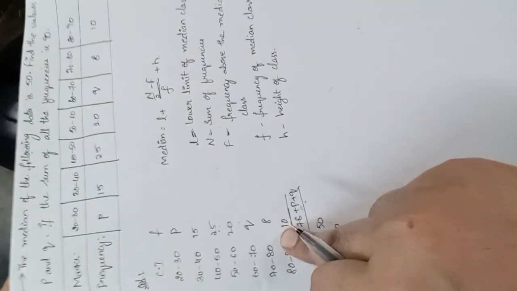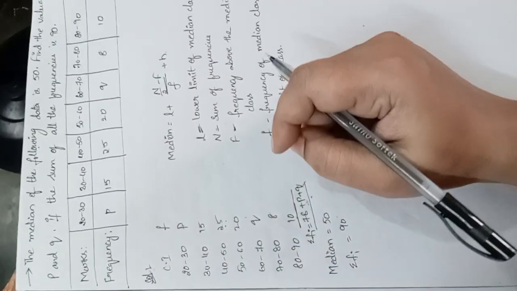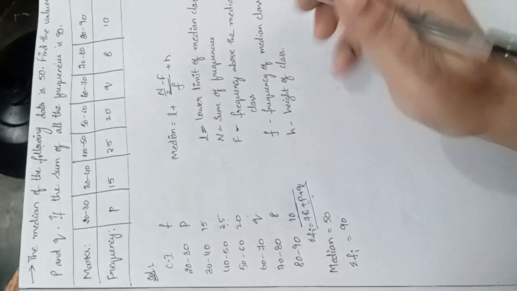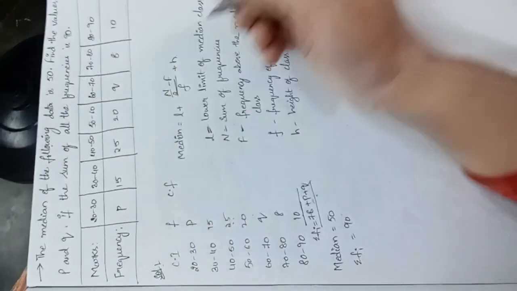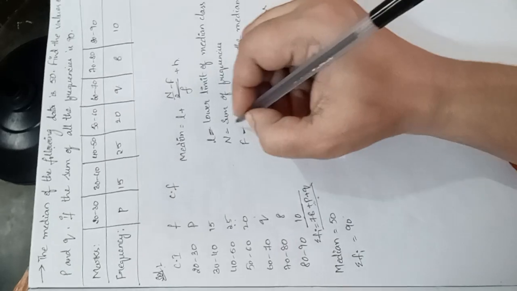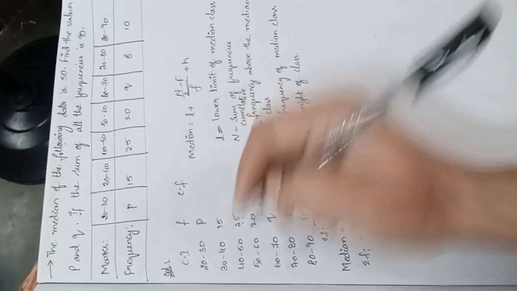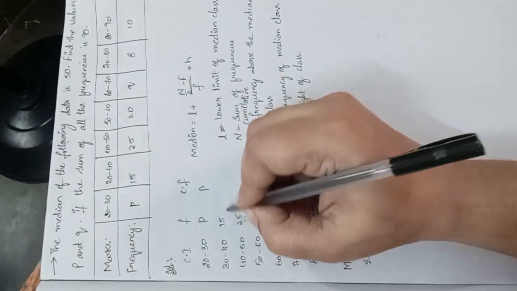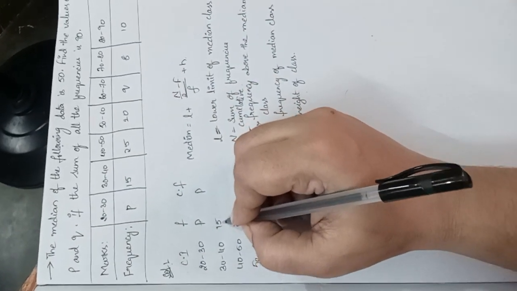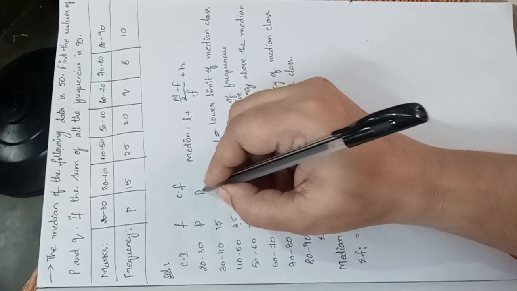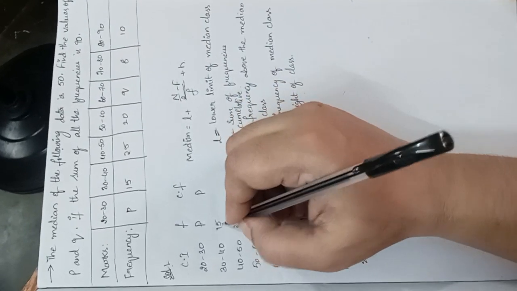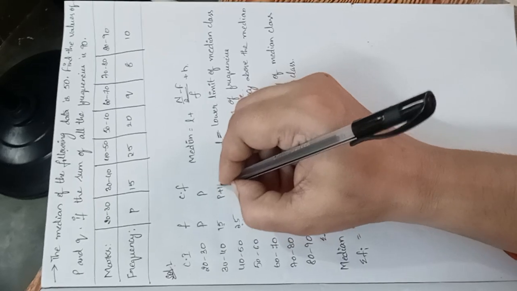To find the median, one more thing we have to find is the cumulative frequency. First comes the same, then from the second term, we add the first cumulative frequency with the normal frequency, that is p plus 15.